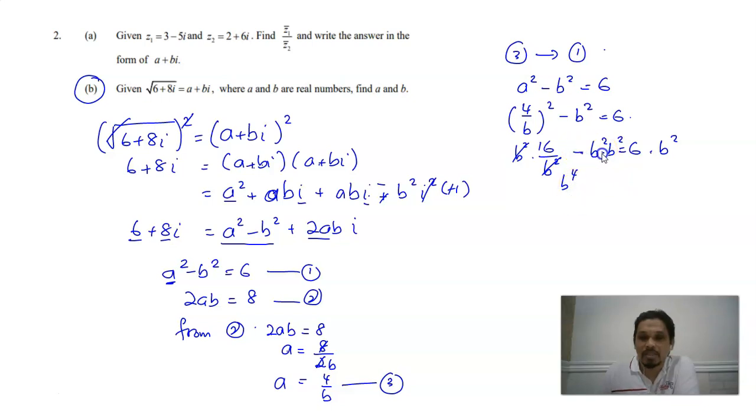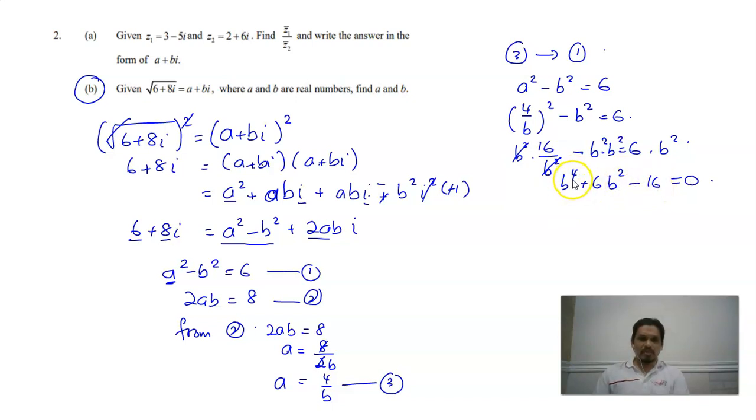Okay, bring this to the other side. So b power 4 plus 6b squared, and positive 16 brought to the side becomes negative, equal to 0. What we have here right now is b power 4 plus 6b squared minus 16.